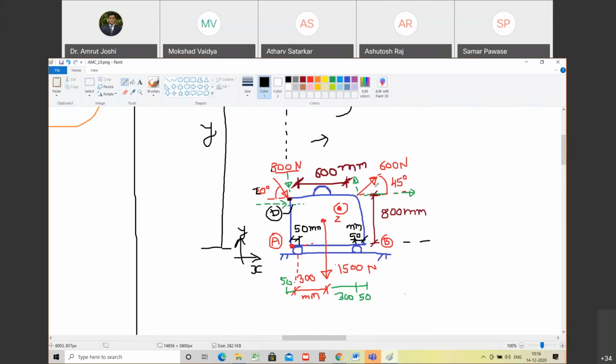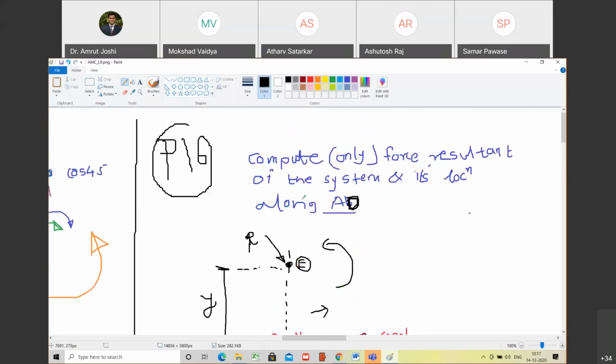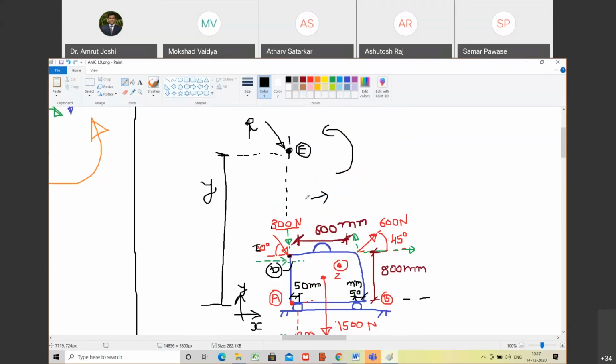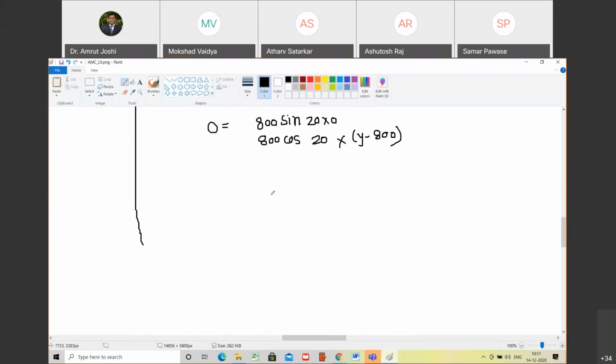Now, let us now take the moment of this 600 vertical component. It is going to be 600 sine 45 multiplied by 700. Yes, sir. And it is anti-clockwise, so positive. 600 sine 45 into 700.